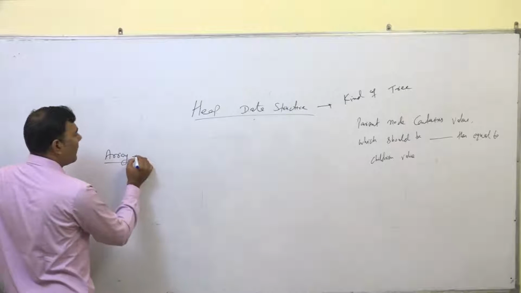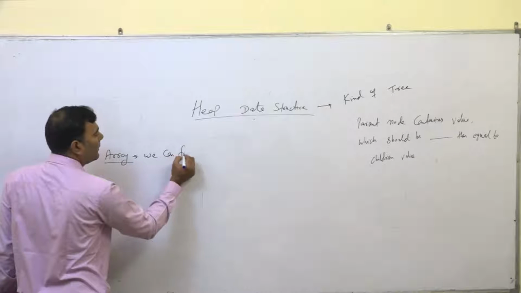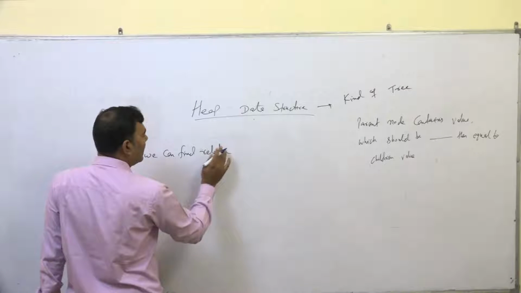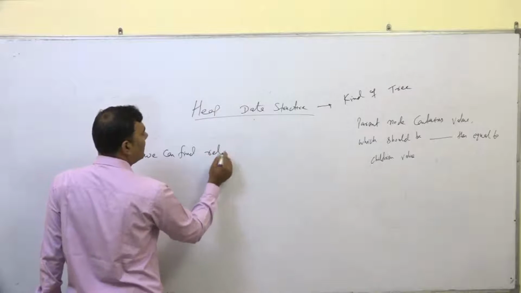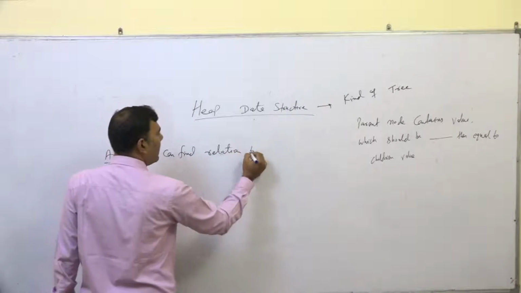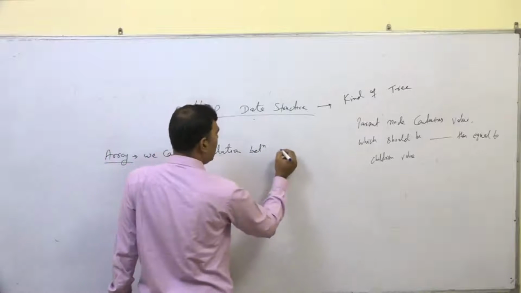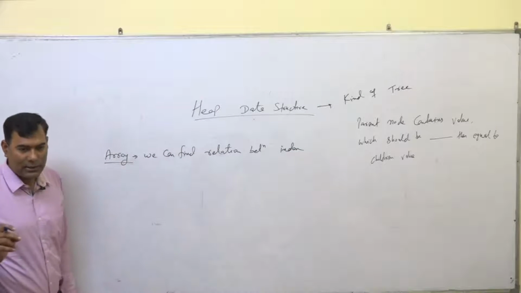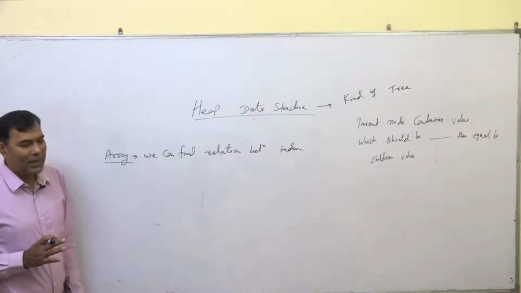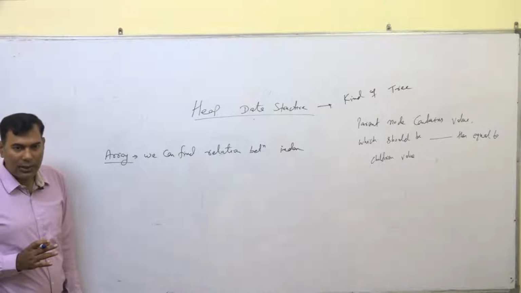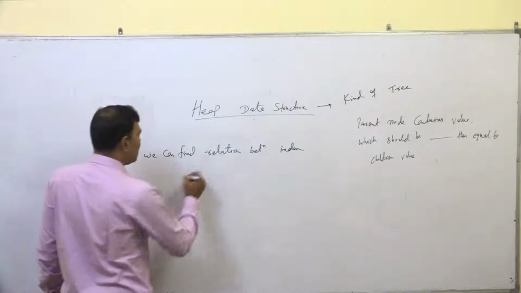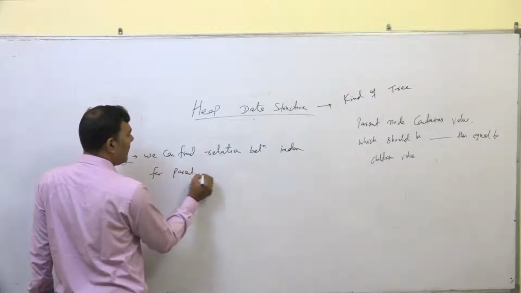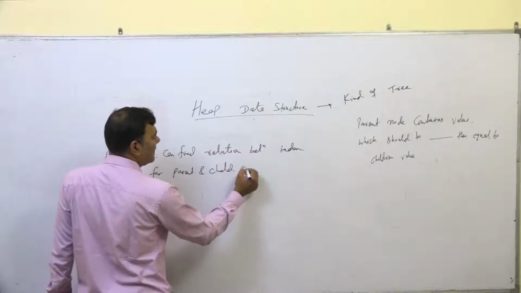In an array, we can find a relation between indexes so that we can perform parent and child relation. Clear? Index for parent and child relation, or not.